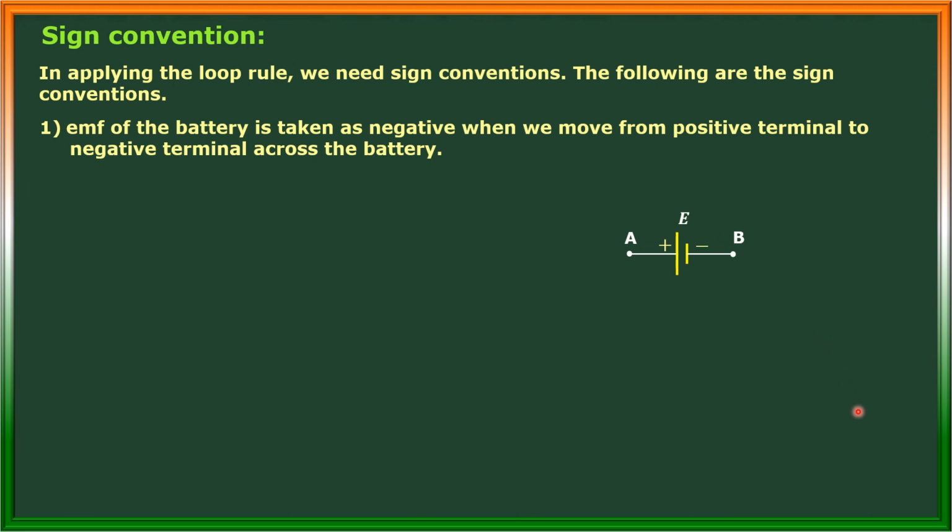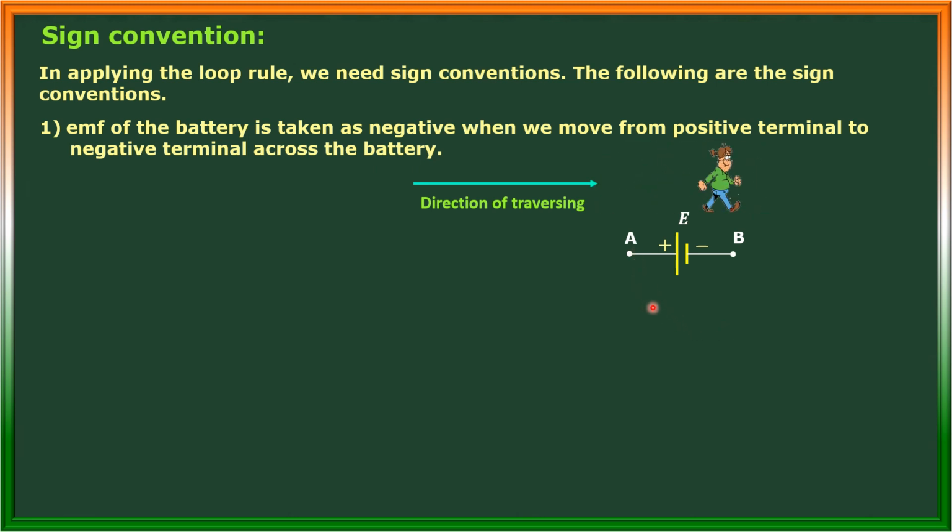See here, this is a battery whose EMF is E, and this one is the positive terminal and this one is the negative terminal, and here I am traversing the battery from left to right. So when I move from left to right, the potential is decreasing. Hence we have to take the EMF of this battery as minus E.